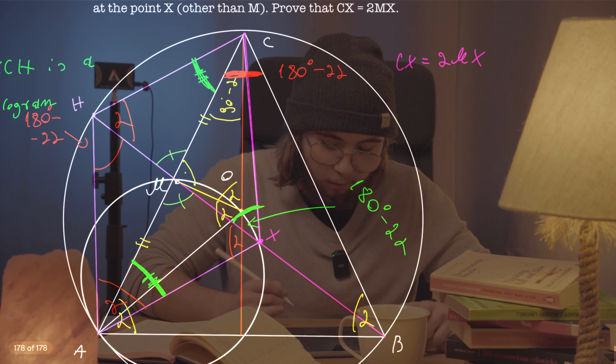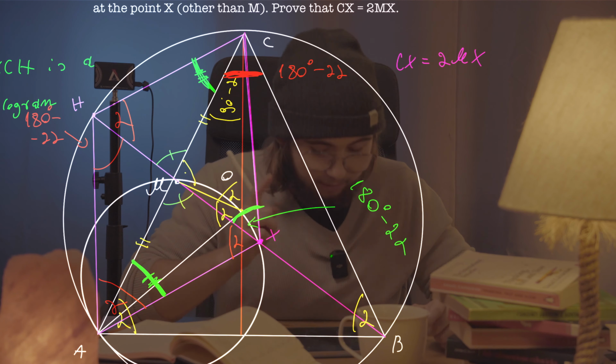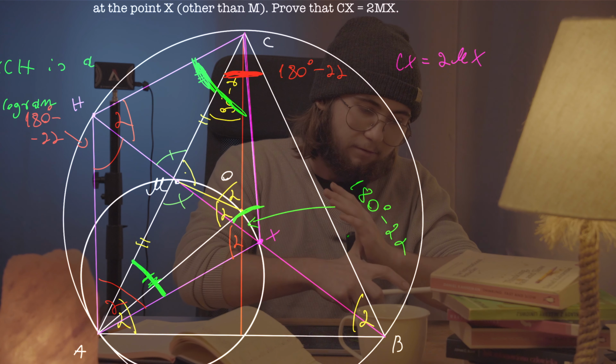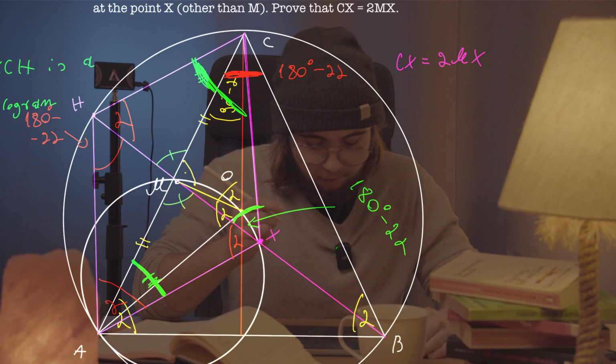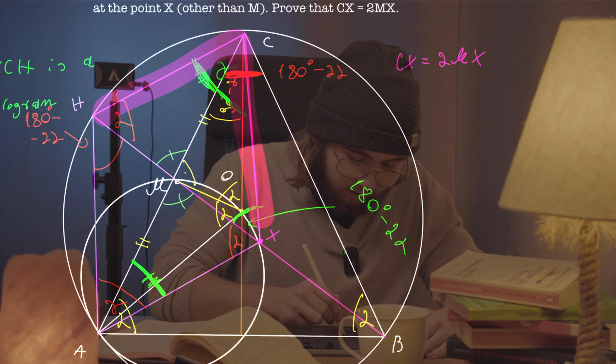So this is going to be 180 degrees minus double the alpha. And now this means that this angle here is going to be 180 minus (180 minus double alpha), and minus an alpha, that's just alpha. And so we've got finally that this triangle here is also going to be isosceles.